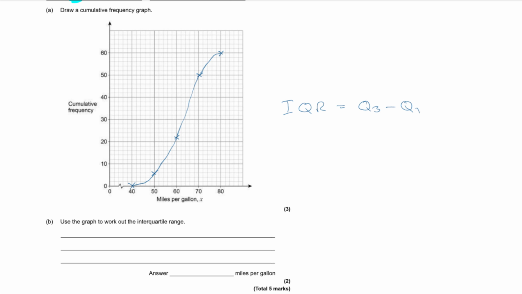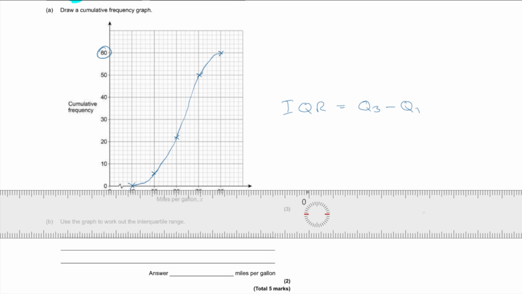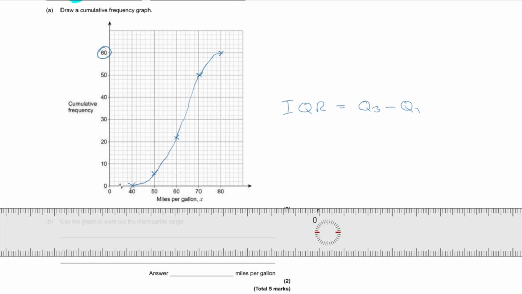Now we've got 60 values altogether, so if I take 60 and divide it by 4, I get 15. Now really when you're finding quartiles, you're meant to add 1 before you divide, but when your number of values is large, like 60, adding 1 doesn't really make much difference. If you add 1 and divide by 4, you're going to get 15 and a quarter.